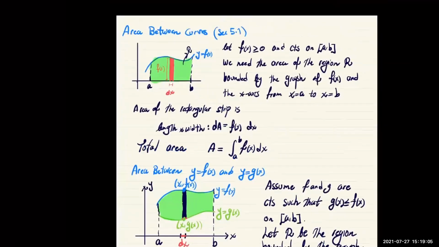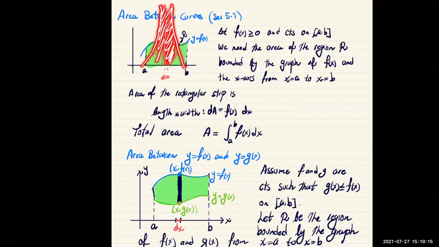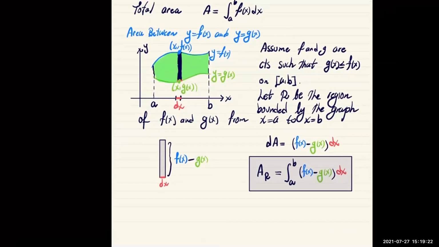If there's a vertical asymptote, then this area is going to go forever. I mean, how do you find the area? It could be infinite. So we don't want anything funny to happen. Okay, so let's do a problem.